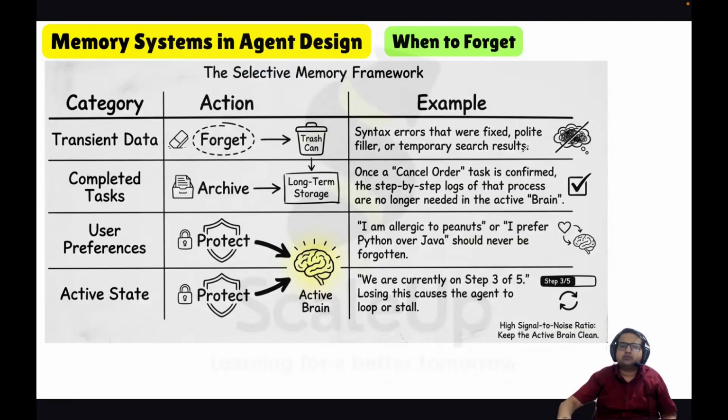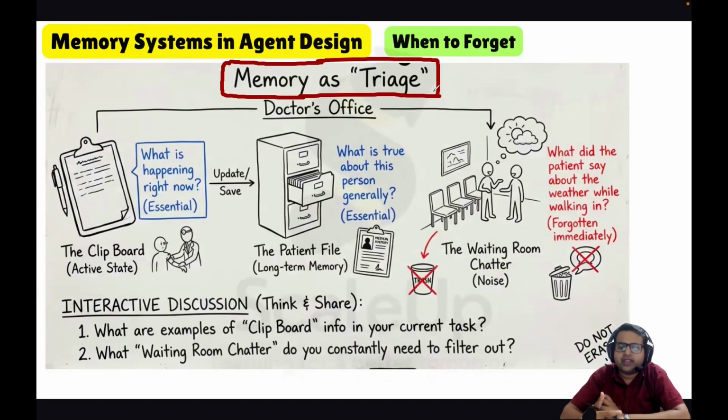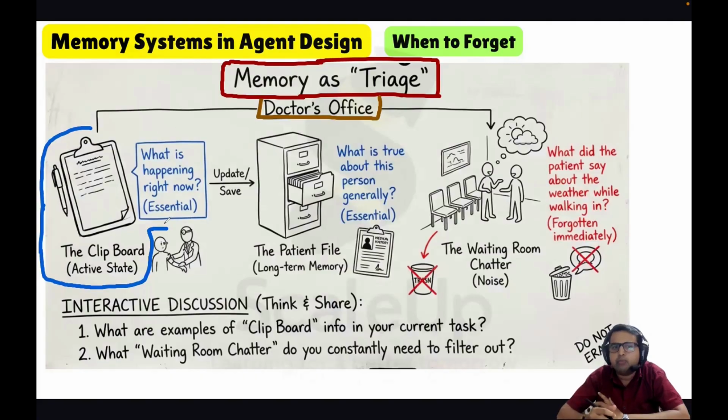They are very important. Memory as triage. We should think of the agent's memory like a doctor's office. The clipboard is the active state. The doctor maintains a clipboard, and when diagnosing a patient, he notes it down there. So the clipboard is the active state, what is happening right now.